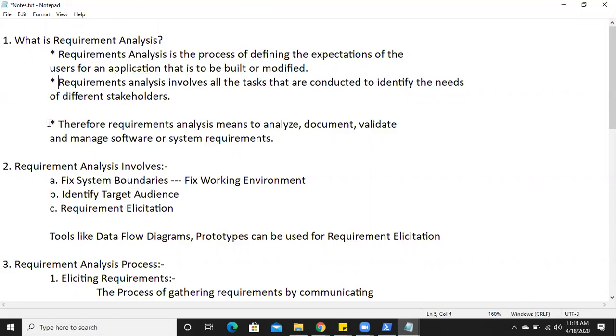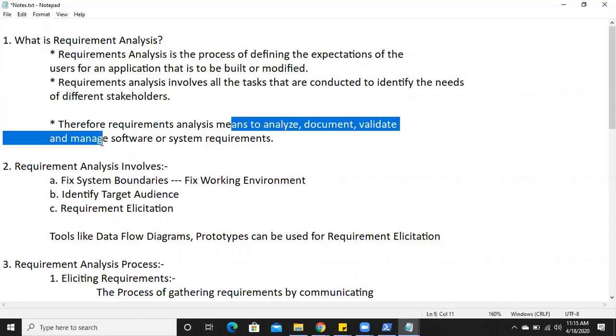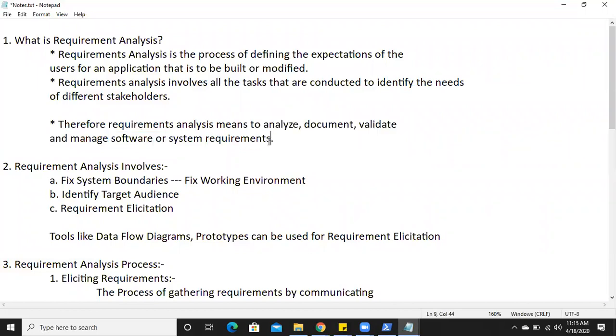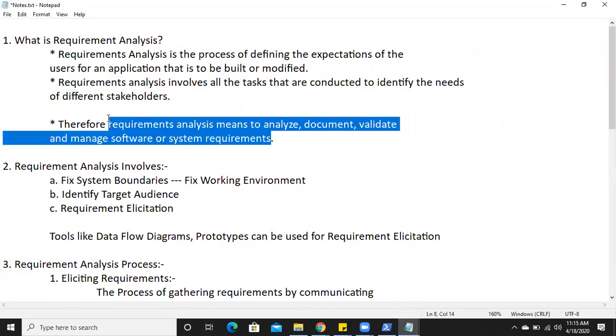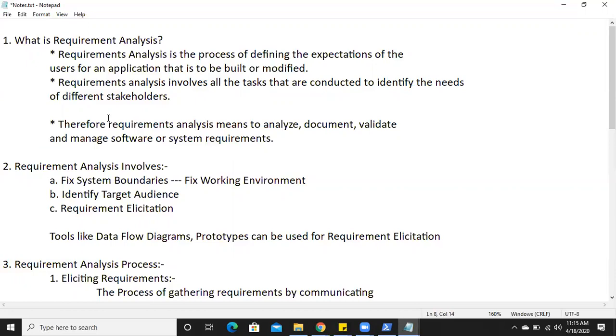Requirement analysis means to analyze, document, validate, and manage the software requirements, or we can say the system requirements. It is just an overview of what requirement analysis means.